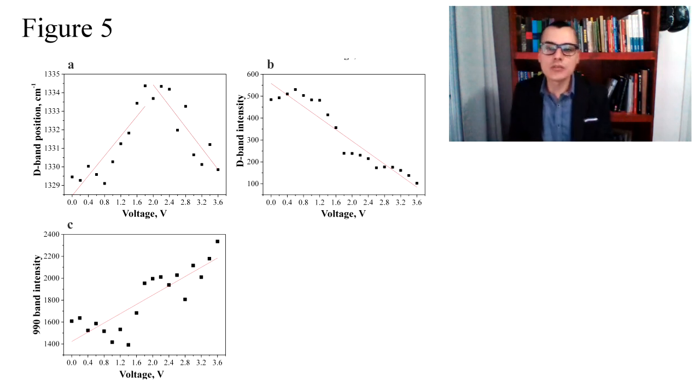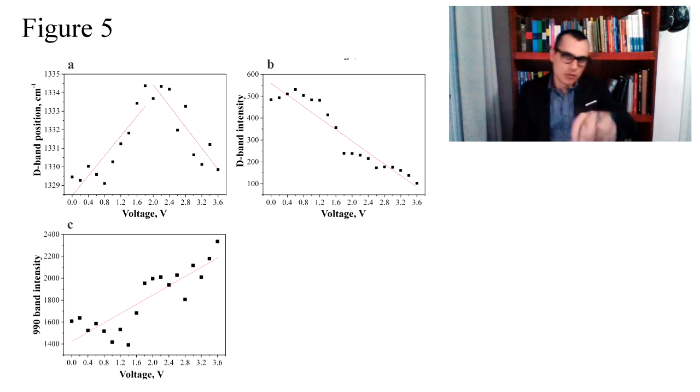The sulfate ion is attracted to the niobium decorating the carbon-based material surface, causing an increase in the 990 centimeters minus 1 band. And then the carbon band intensities decrease, since the sulfate ion is covering the carbon-based material electrode surface.